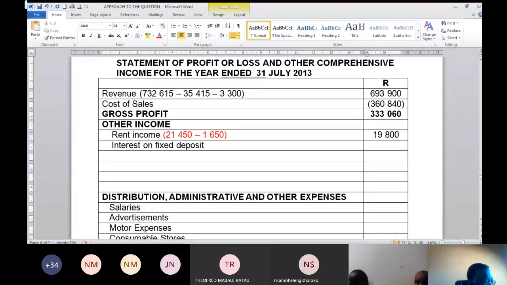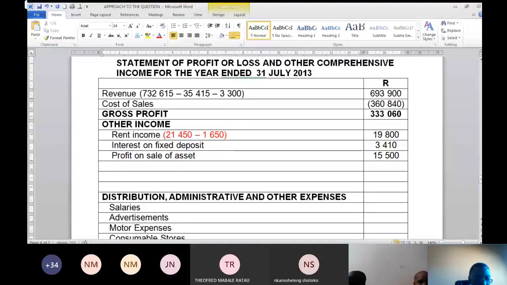Other income that we do have, we've got interest on fixed deposit. And your interest on fixed deposit is 3,410 from the trial balance. There was no adjustment. We've also got an income account there called profit on sale of asset. And the profit on sale of the asset there, guys, was an amount of 15,500.